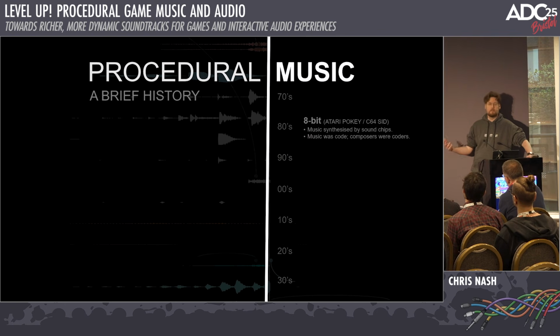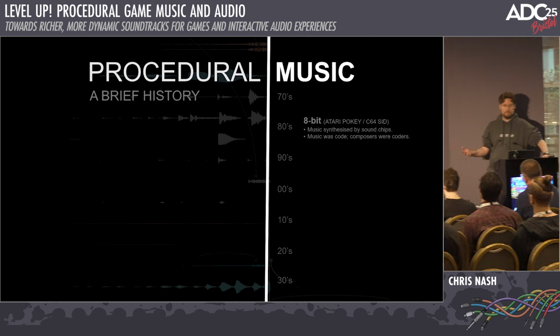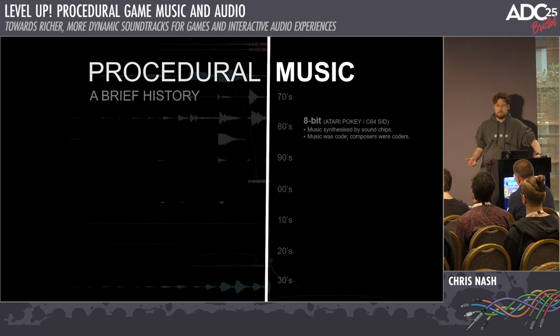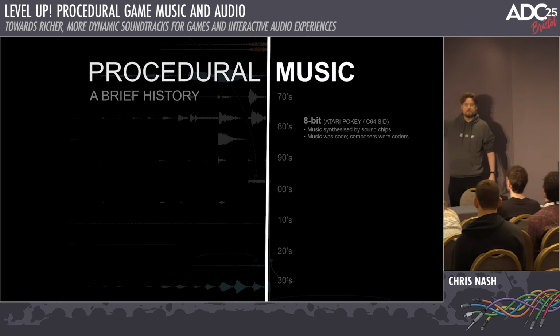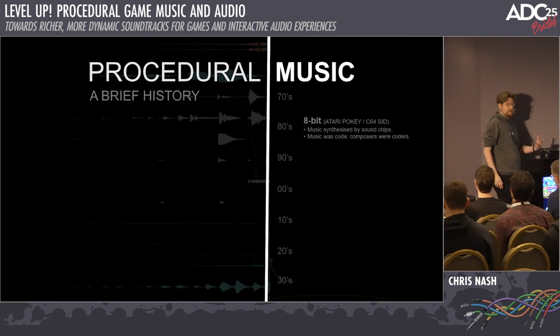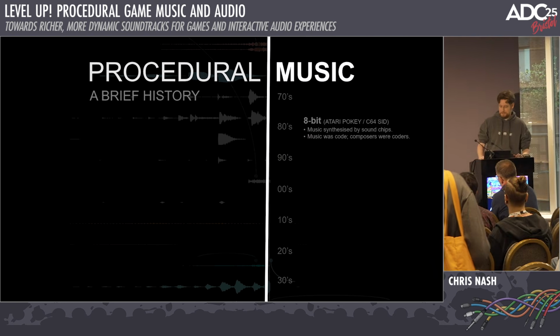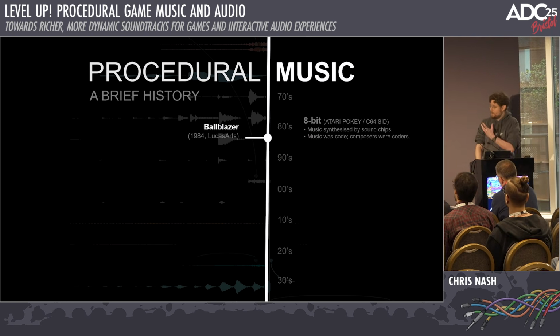You had composers who were coders, and they wrote music as code. In a lot of cases, they were still classically trained composers, but they had learned how to code their music. As a result, there was a very close connection between the game and the process, and the music was generated as you played the game.